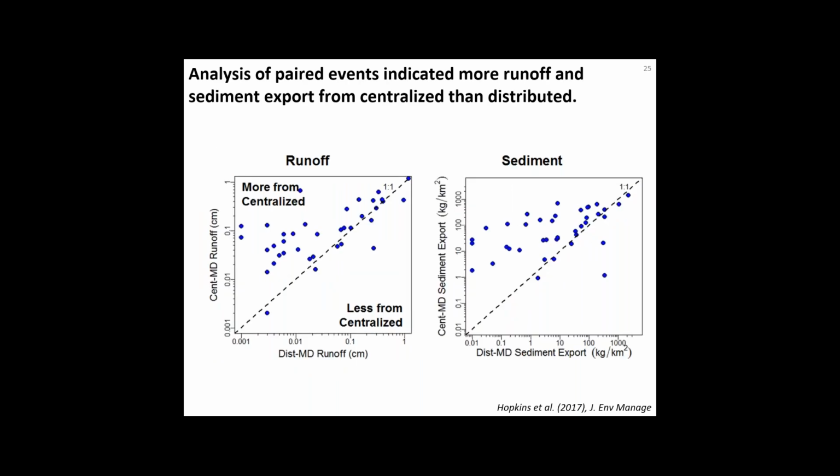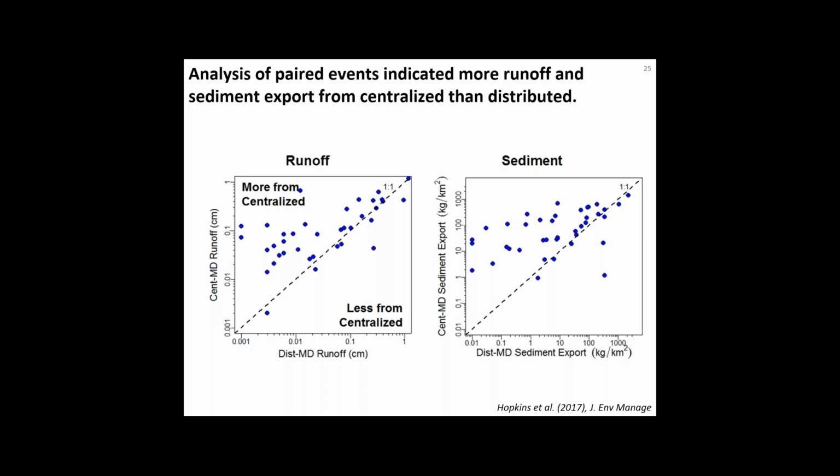And we looked at paired events. We identified events that occurred simultaneously in both the distributed stormwater management watershed and the centralized watershed. So this plot here is showing runoff in the distributed watershed and runoff from the centralized stormwater management watershed. Each of those circles represents one storm event that occurred at the same time in both of these watersheds.